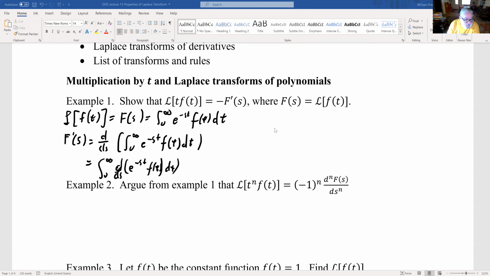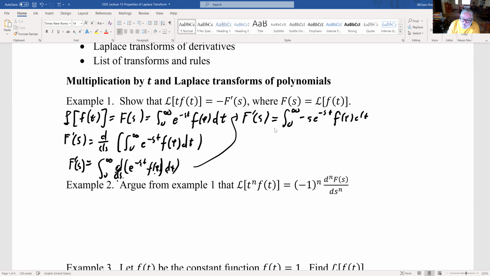So since we're differentiating with respect to s and integrating with respect to t, we can move the differentiation inside of the integral. So back up here, F prime of s is the integral from 0 to infinity of d by ds of e to the minus st f of t.